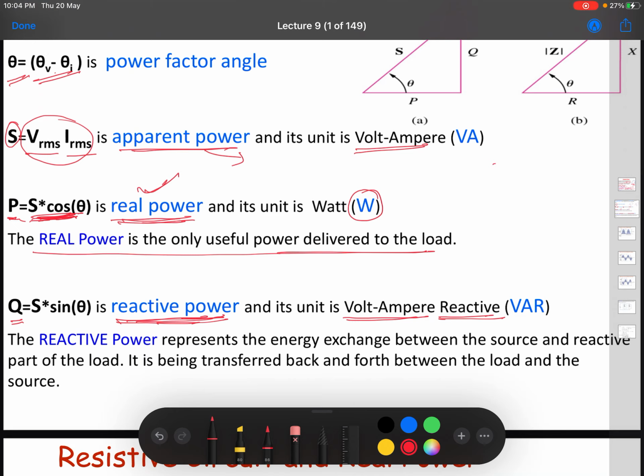This energy is said to be flowing to the source and then back to the load, and that's why it is there, but it doesn't appear outside. It doesn't do any useful work for the outside world. So these are the three things which we have: apparent power, real power, and reactive power.